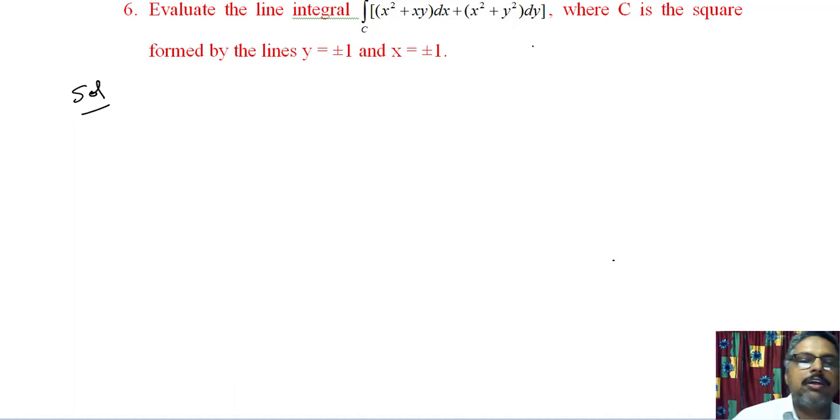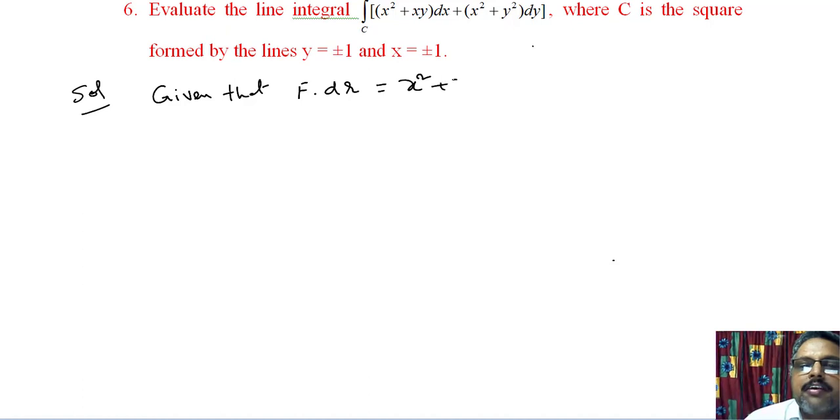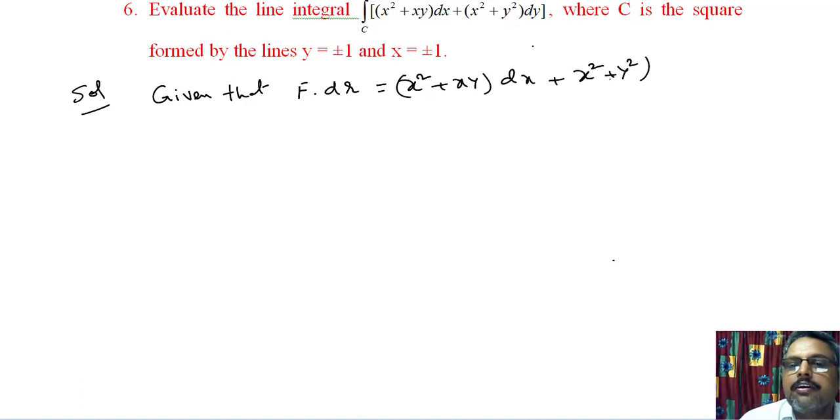In this problem, F·dr is directly given. Given that F·dr = (x² + xy) dx + (x² + y²) dy.